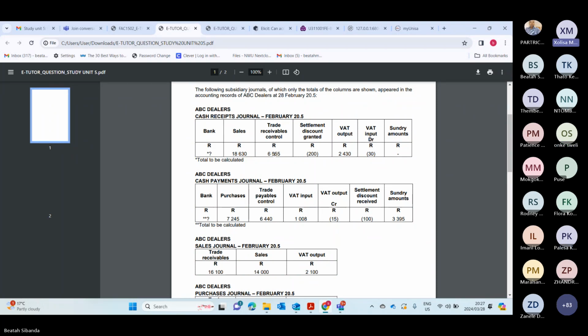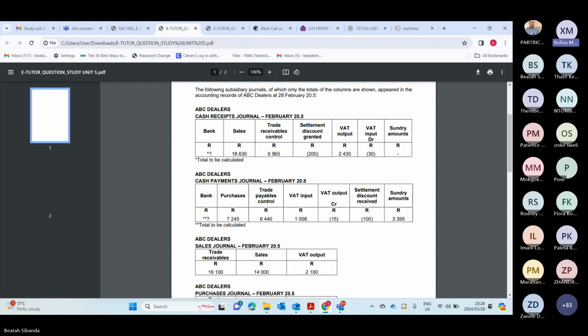Even if you look at your cash payments journal, the way they've laid it out, in terms of your payments, they are splitting between the purchase and the VAT, right? So the amount that you pay is split between your purchase and your input VAT.